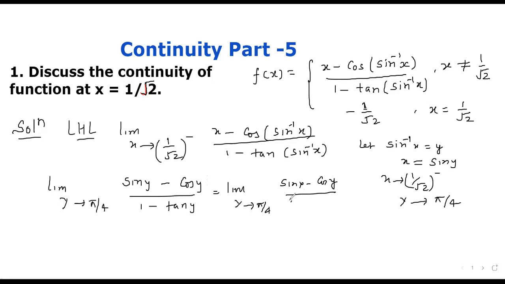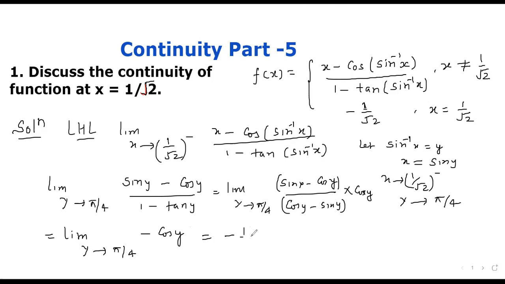When we take LCM, it becomes cos y minus sine y divided by cos y. So we can write cos y here. These two will cancel out, leaving minus 1, because this is sine y minus cos y and this is cos y minus sine y. So we will get the limit y tends to pi by 4 of minus cos y. If we put y as pi by 4, we will get minus 1 upon root 2. LHL and RHL will be the same because the same function is to be considered.